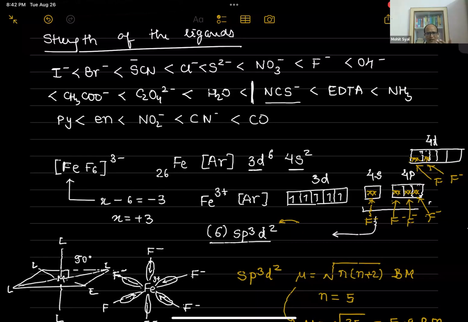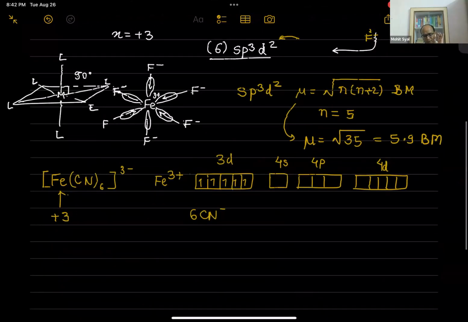So CN minus ions will push the unpaired electrons and pair them up, right? But all of them cannot get paired because they are odd.